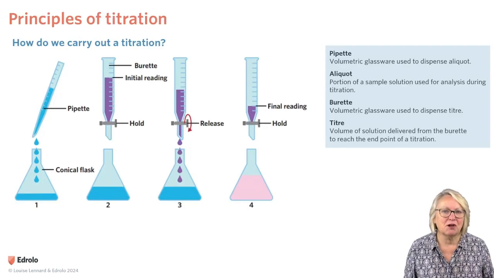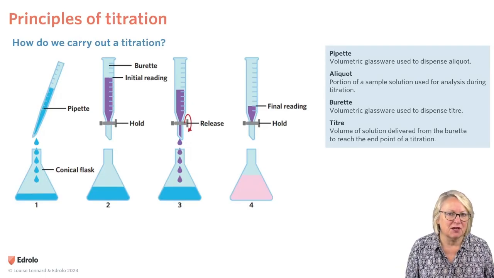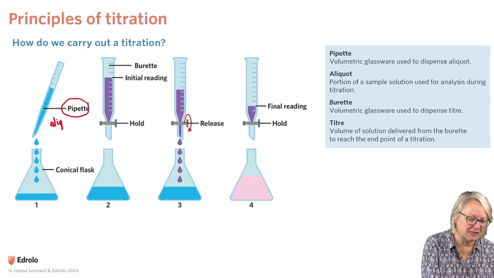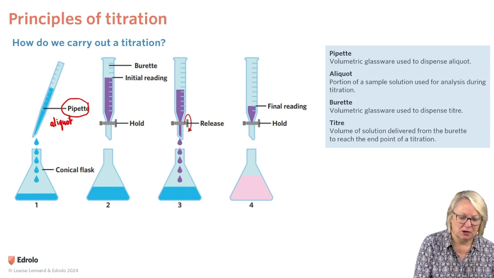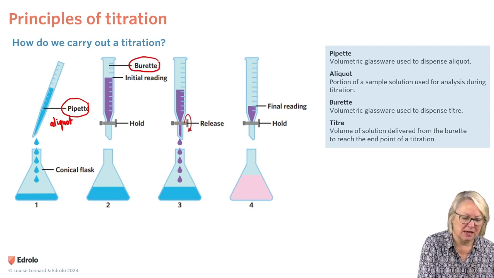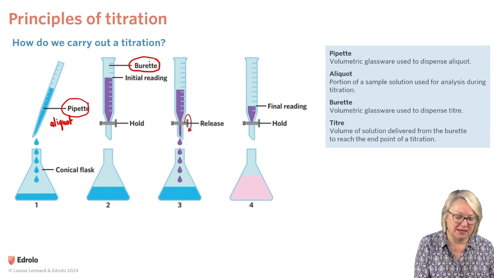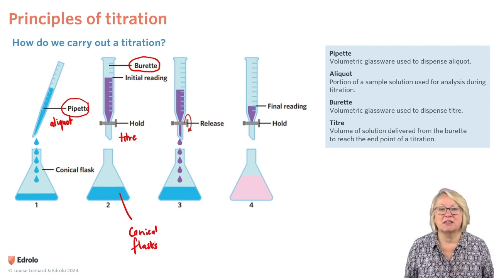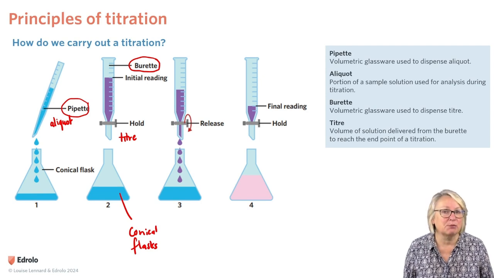You'll recall from year 11 chemistry that the equipment that we use: a pipette that has an aliquot that's dispensed from it. And we have a burette, and the volume that comes out of the burette is the titer. We also have conical flasks that the redox reaction is taking place in.